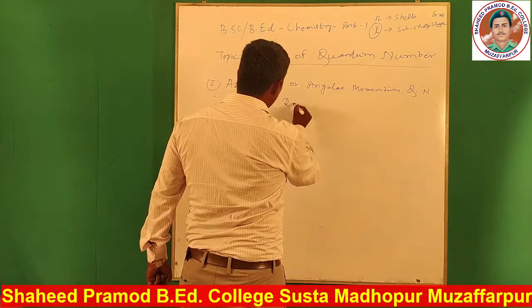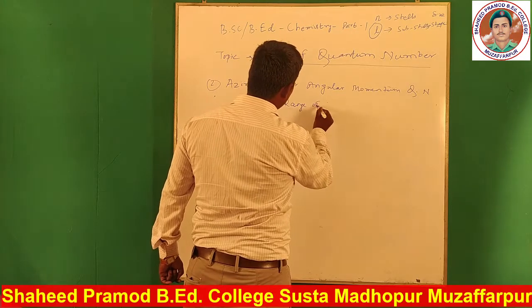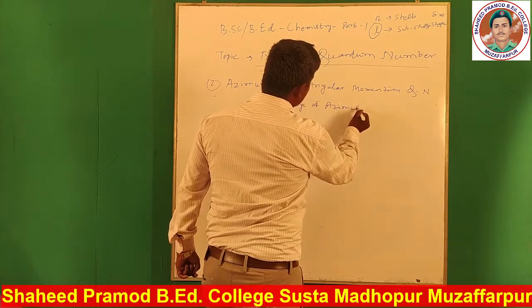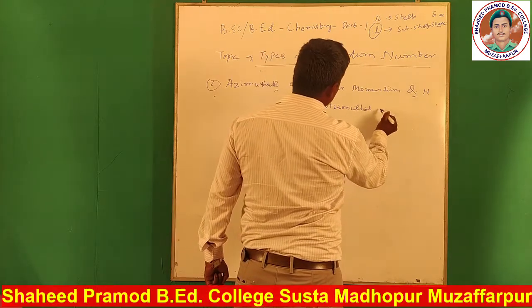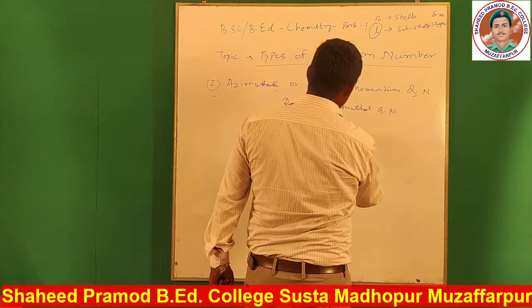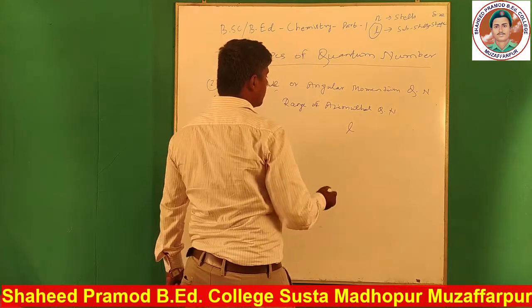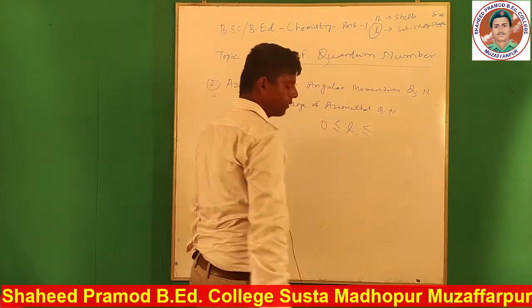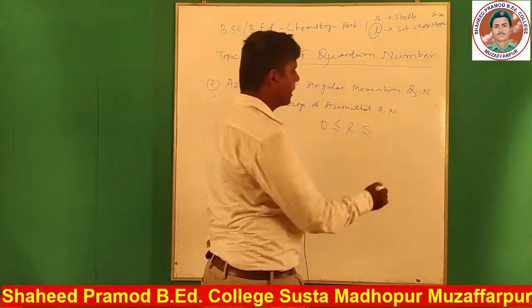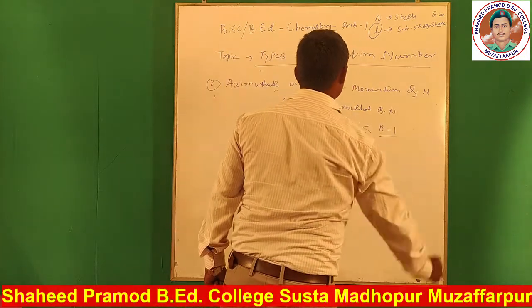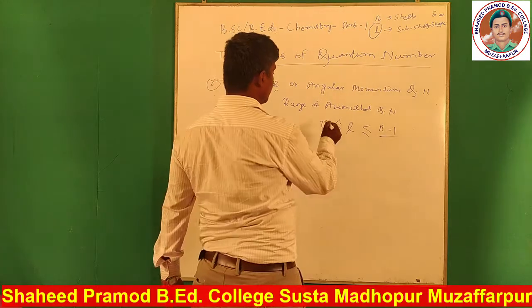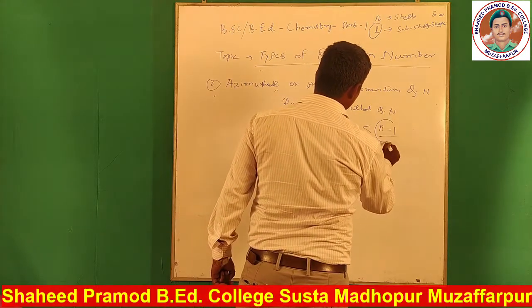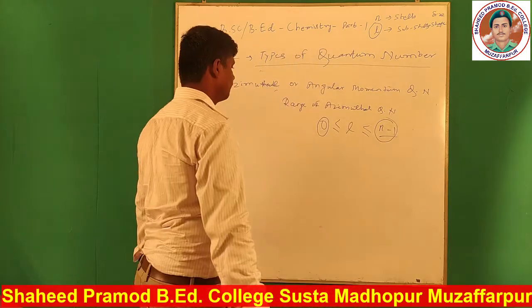The range of the azimuthal quantum number l lies between 0 and n minus 1. It starts from 0 and goes up to n minus 1.